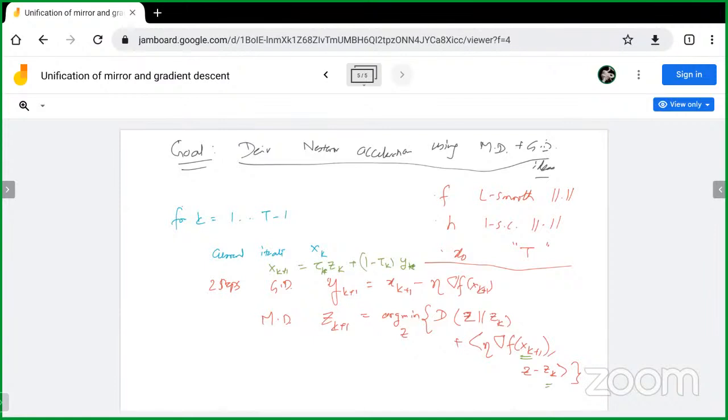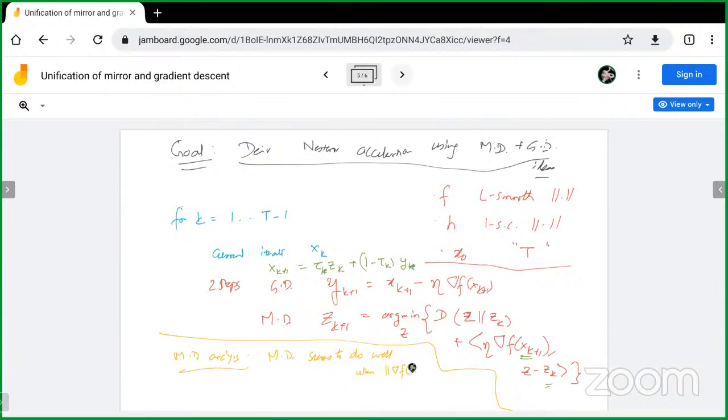And what's the idea for this? So the rough idea is the following. Let's give the intuition. We just look at the mirror descent analysis. Mirror descent seems to work well when gradients are small.